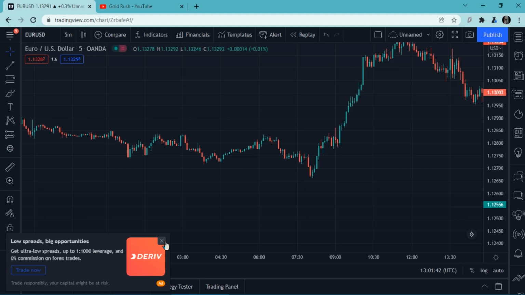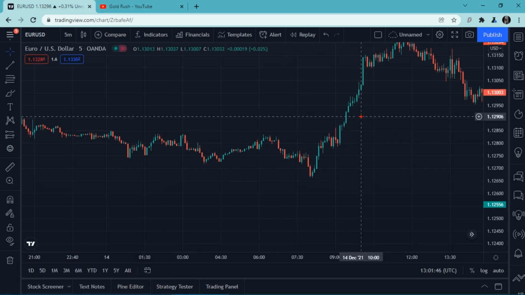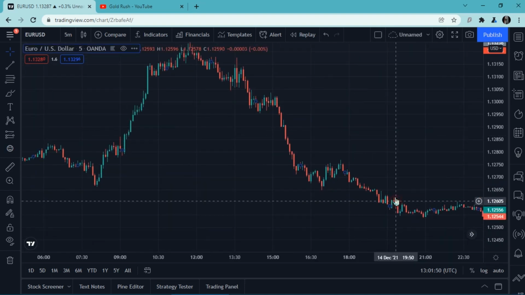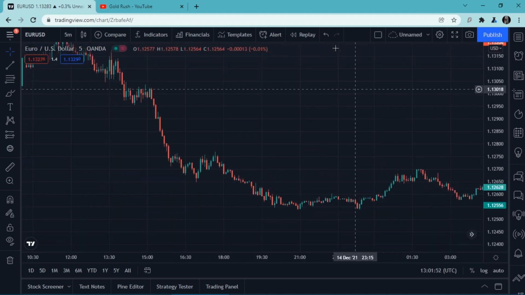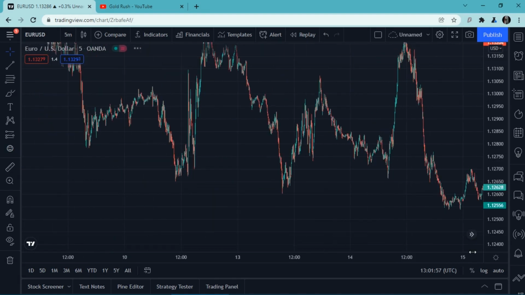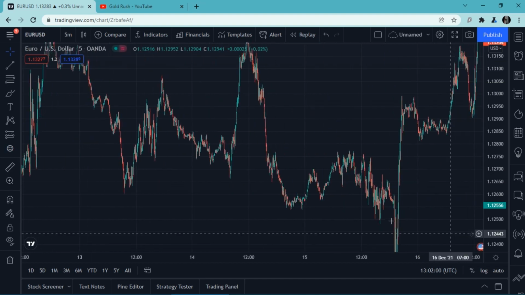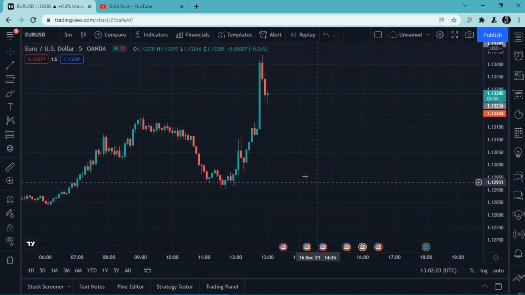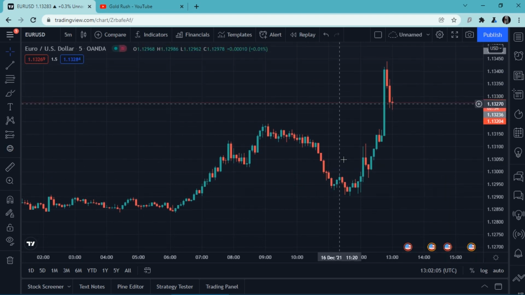So these are charts. EURUSD. Let's move to the end of the whole chart. Go down here. We're actually in a trade right now.